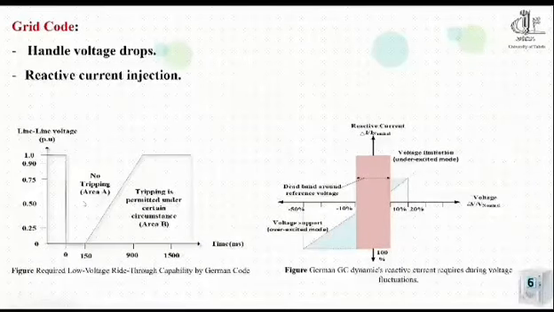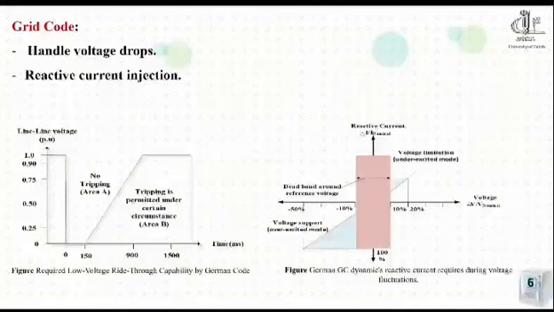This figure depicts the German grid code fault ride-through curve for a medium voltage renewable energy source linked to a grid system. Because of these requirements, the renewable energy source must remain linked to the grid if the voltage at the point of common coupling drops to zero.